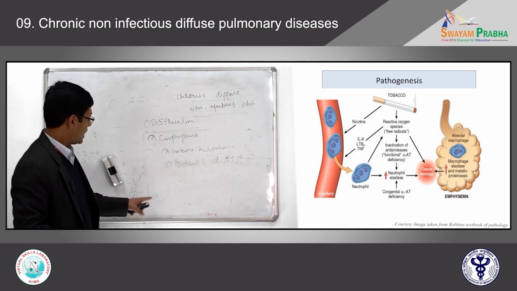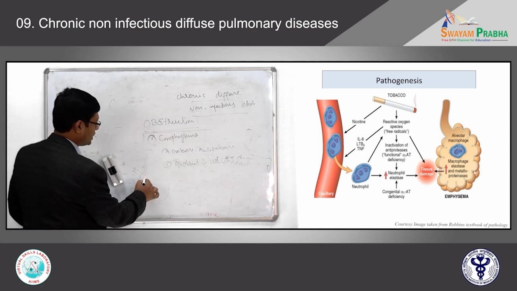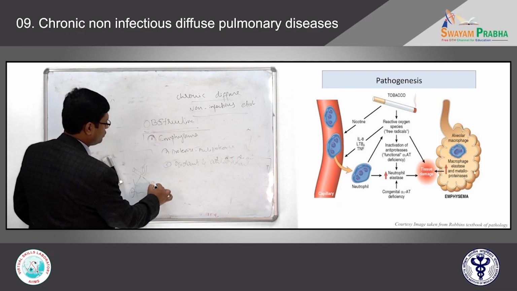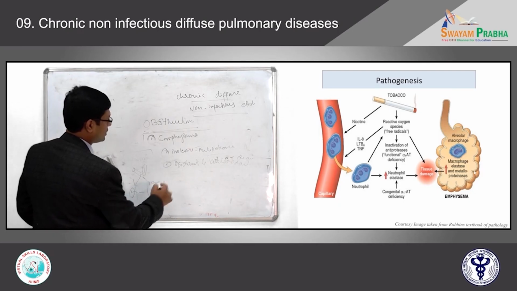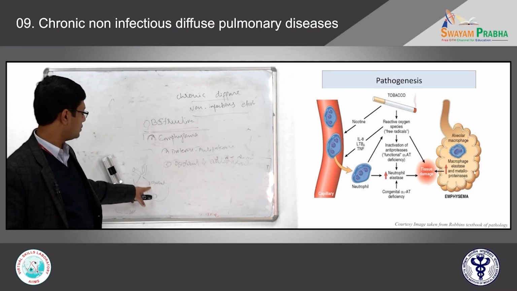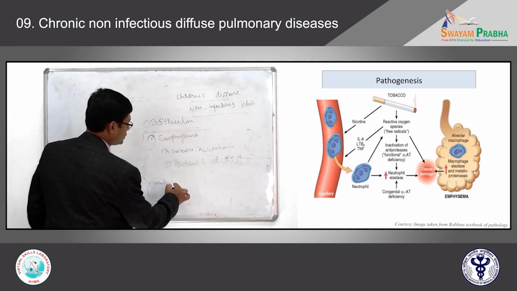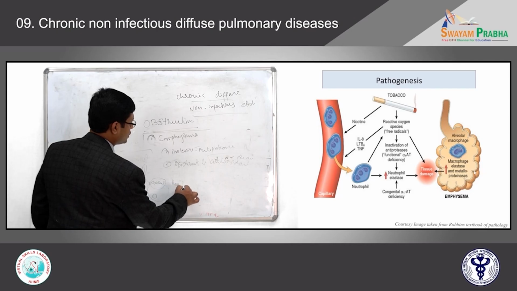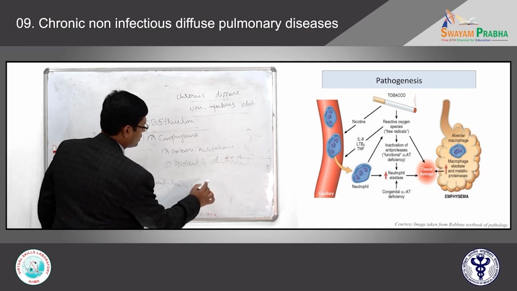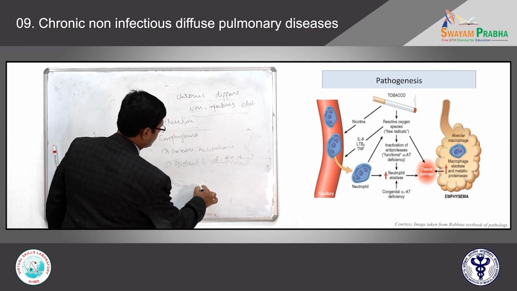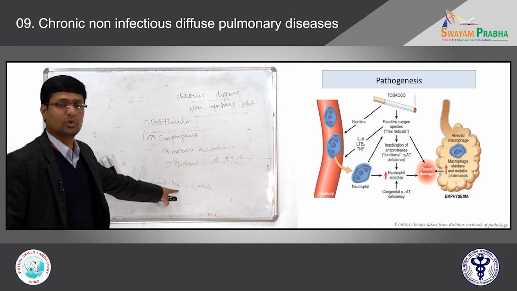Cigarette smoke also has many oxidative chemicals which ultimately produce reactive oxygen species. Reactive oxygen species are very dangerous.